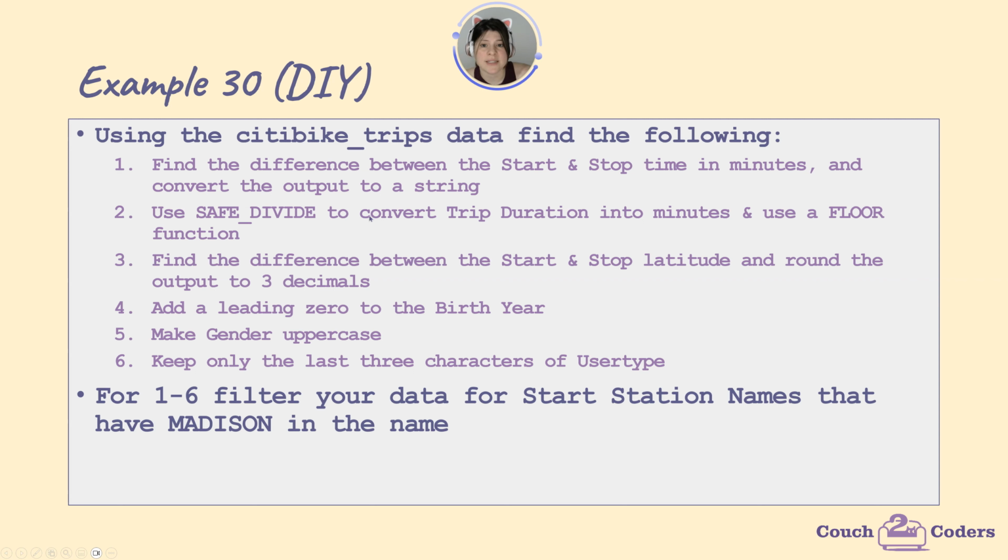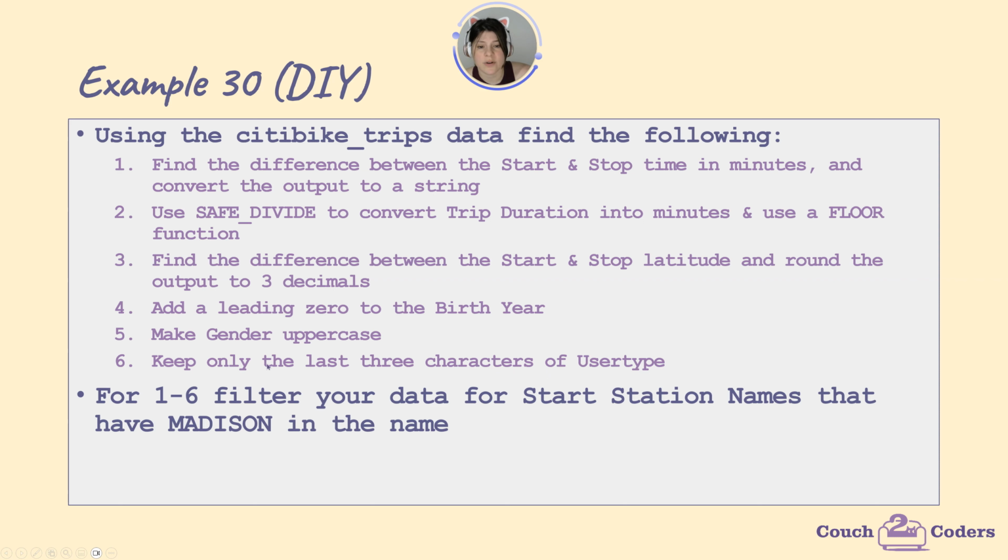2, we're going to use safe divide to convert trip duration into minutes and use a floor function. Again, same thing: first you safe divide, then use the floor function. 3, find the difference between the start and stop station latitude, and round the output to 3 decimals. 4, add a leading 0 to the birth year. 5, make gender uppercase. 6, keep only the last 3 characters of user type.